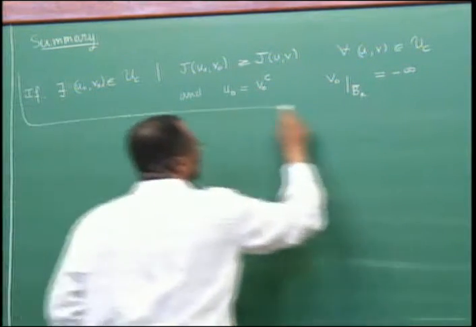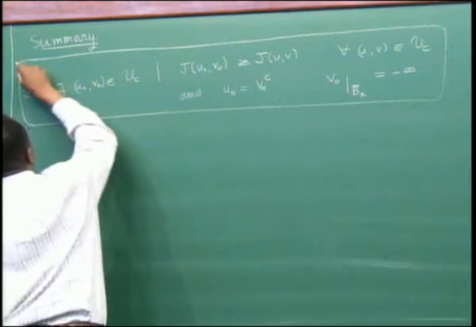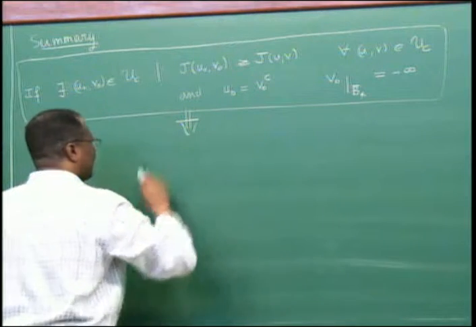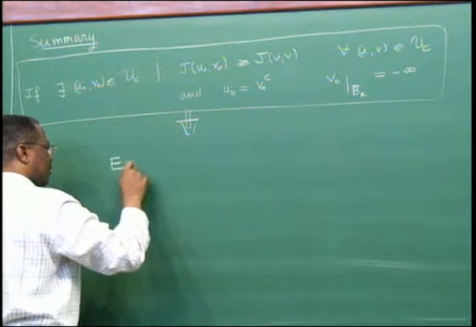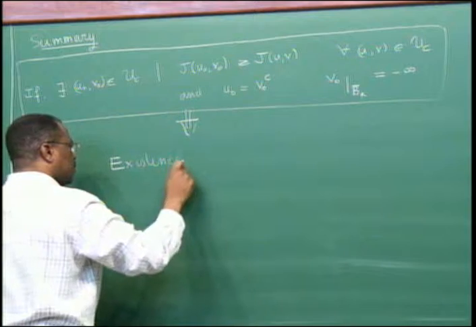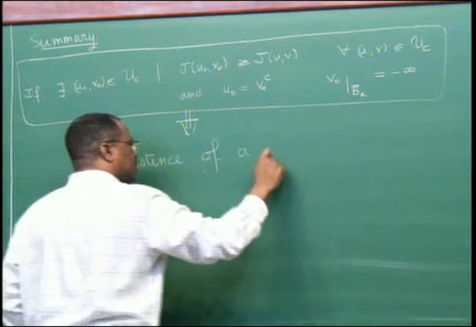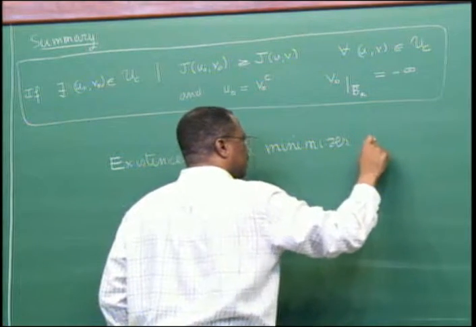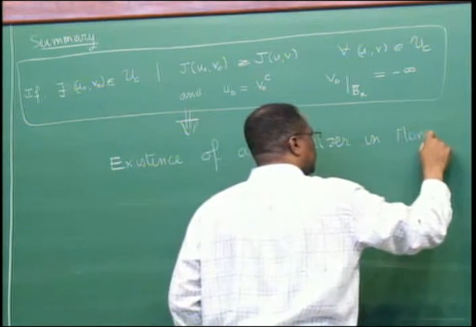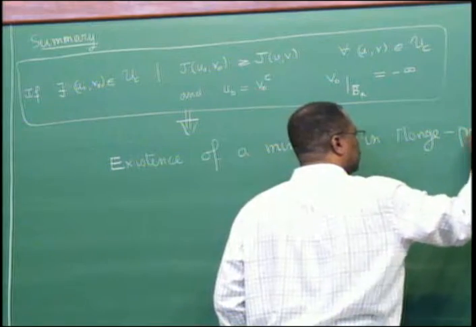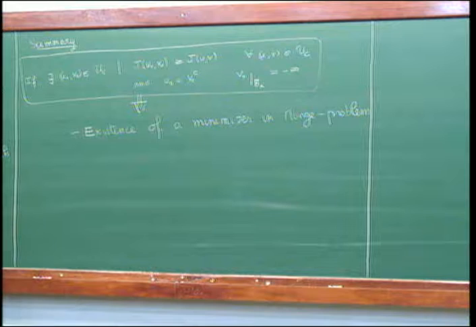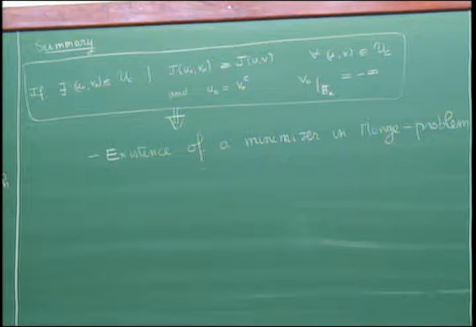If we have this property, then this implies existence of a minimizer in Monge problem. So that is the first conclusion. This is what we prove.